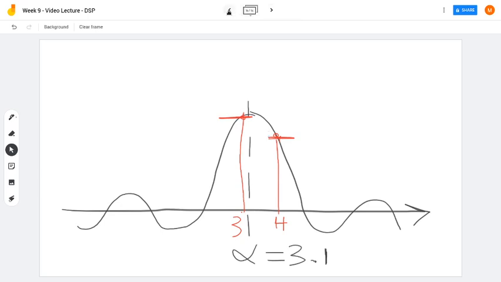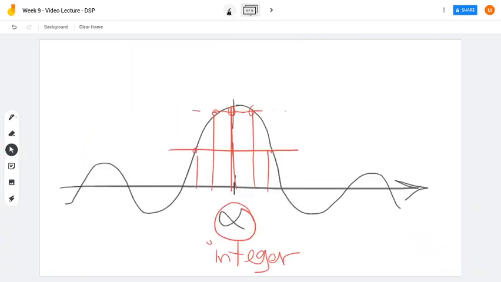So let's go back and say it one more time. This is very important. If alpha is an integer, let's say alpha is equal to 4, then sampling this function, we will have a sample at 4, and we will have a sample at 5 and a sample at 3, and the samples at 5 and 3 will be symmetric, equal to each other, because the sinc function is symmetric.